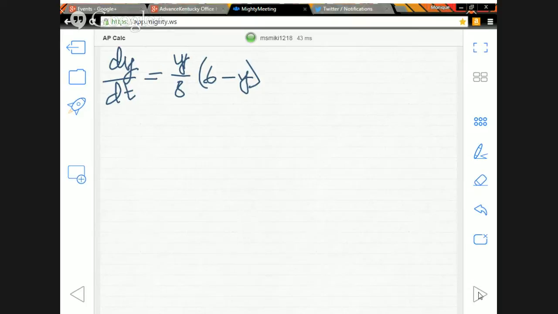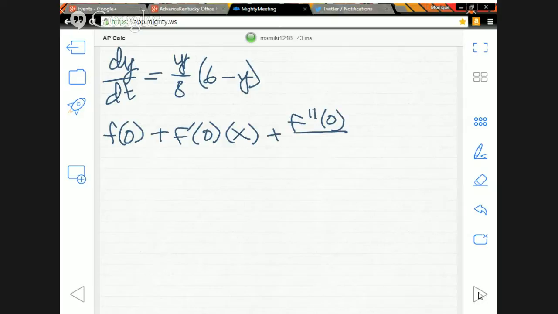Since they want me to do a second-degree Taylor polynomial, I suggest that you start writing down the general expression. Since it's second degree, you're going to need 3 terms. The first term, which is constant, plus the second term, plus the third term.